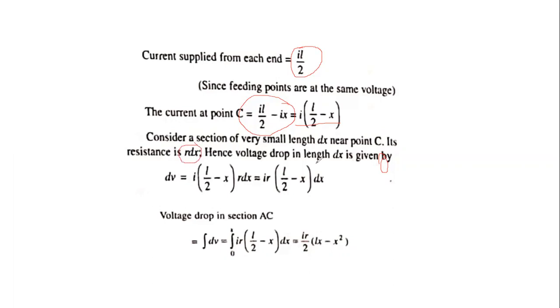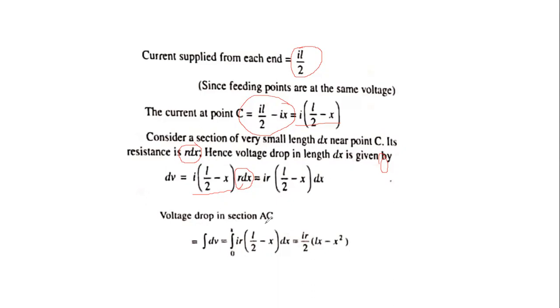Hence the voltage drop in the length dx is given by dV equal to I into (L by 2 minus x) into R dx, where R dx is the resistance and I(L by 2 minus x) is the current up to point C. Then dV is IR into (L by 2 minus x) into dx.